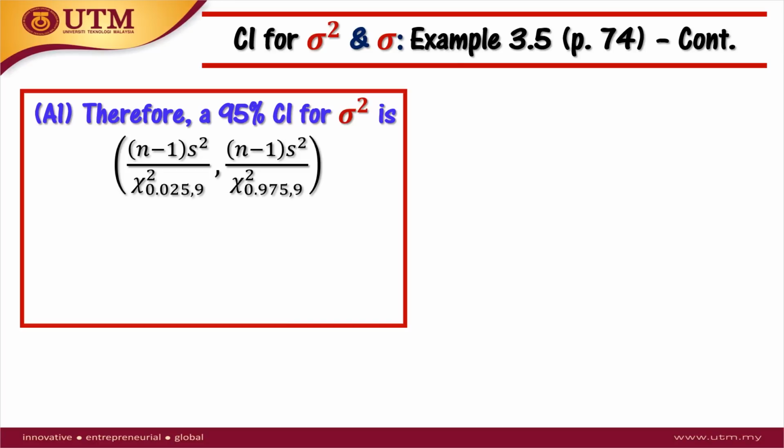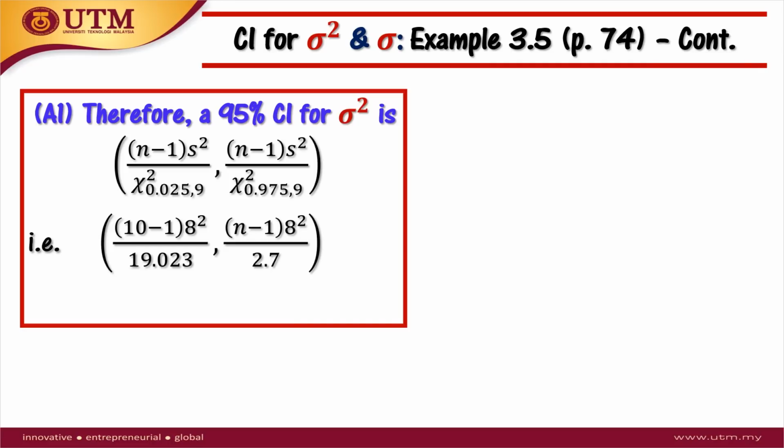Here, alpha is 5% or 0.05 as we construct a 95% confidence interval for sigma squared. Thus, alpha over 2 is 0.025 and 1 minus alpha over 2 is 0.975, whereas the degrees of freedom nu is n-1 equal to 10 minus 1, which is 9.